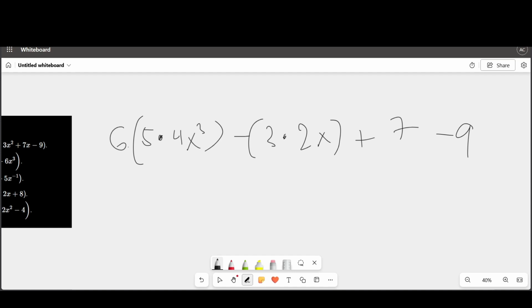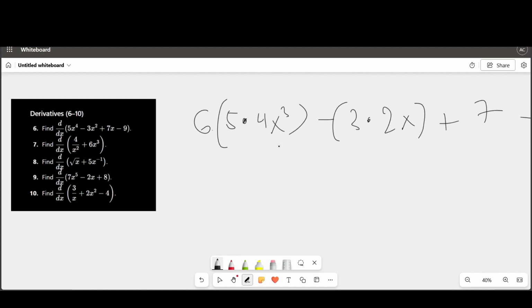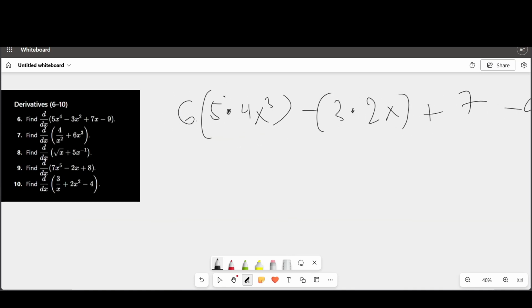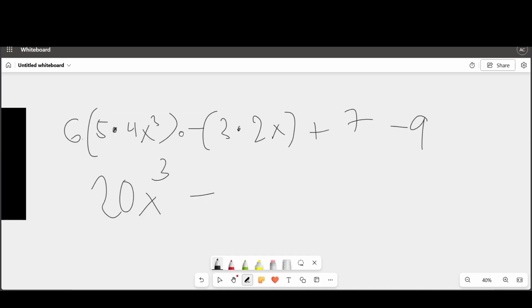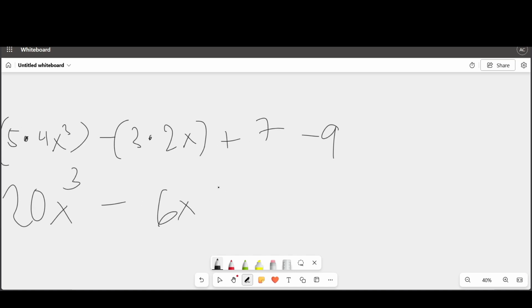All right, let's continue over here. So now we have to multiply these in parentheses. We have 5 times 4, 20x cubed, minus 3 times 2 is 6x, plus 7 minus 9.